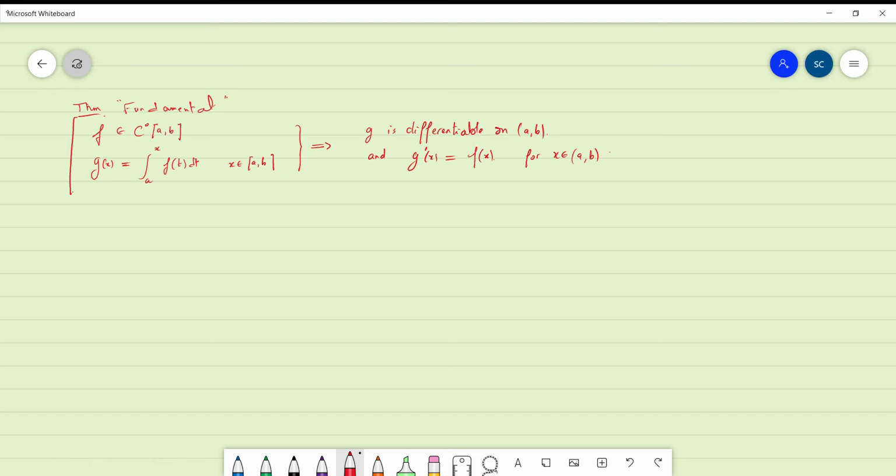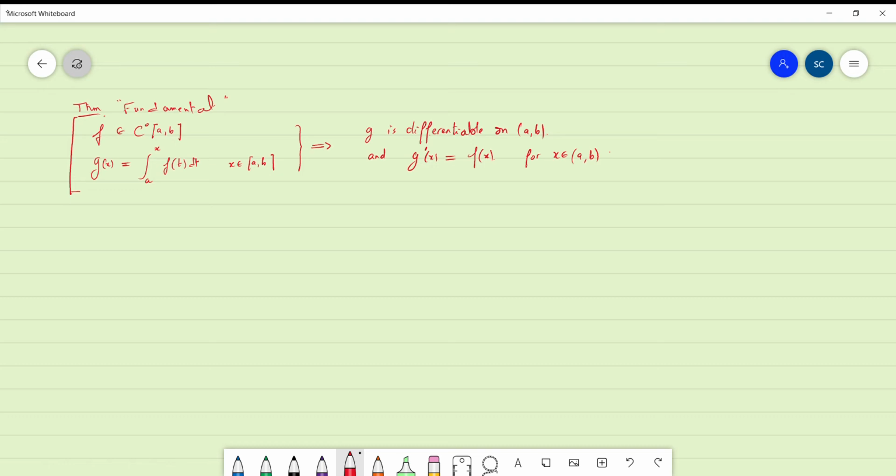So, given a continuous function, we can build an antiderivative. It is given as a definite integral from a to x for each x. Now you see how we can define antiderivatives.